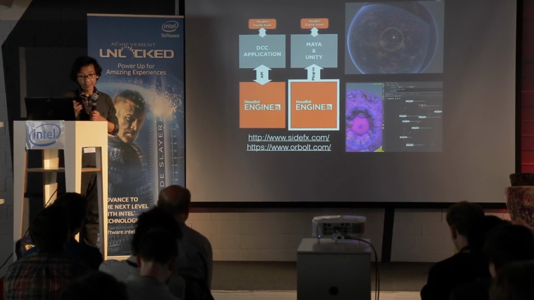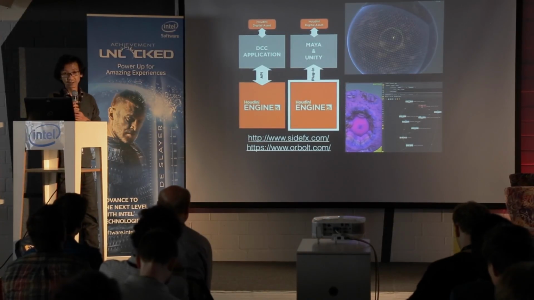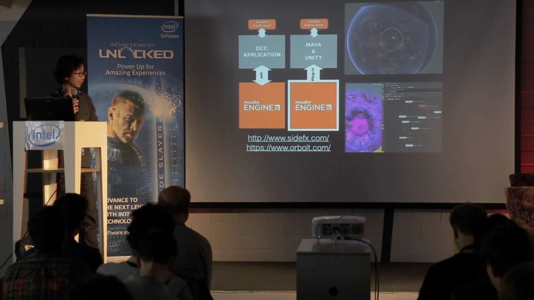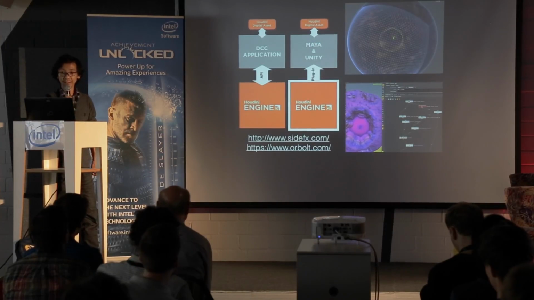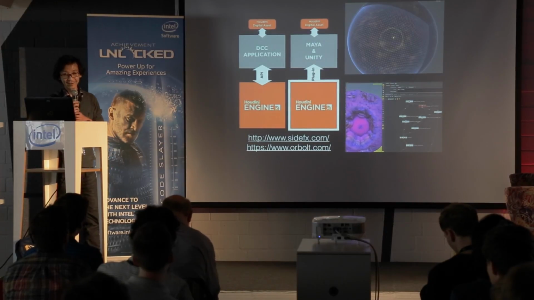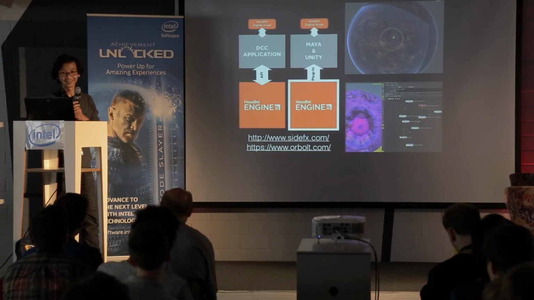This tool is also very interesting for indie developers because it is very indie friendly. It costs only $99, so you can just take an indie license and use it for your big content production.